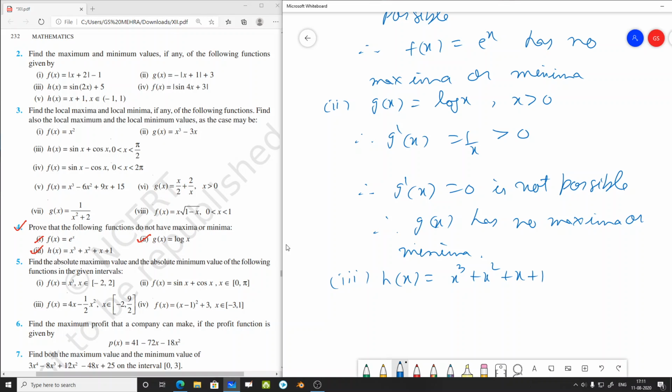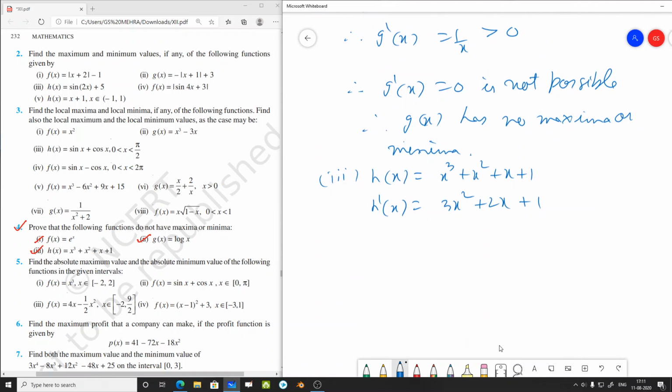We'll find the derivative of this, h dash x equal to 3x square plus 2x plus 1, and let us, if possible, put this equal to 0. So h dash x equal to 0 implies 3x square plus 2x plus 1 equal to 0.